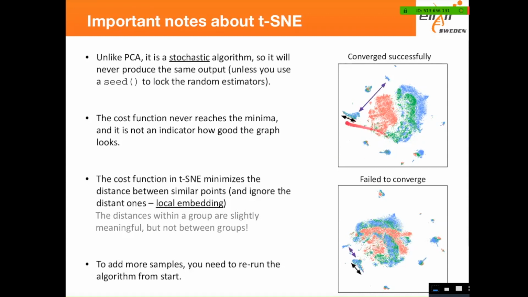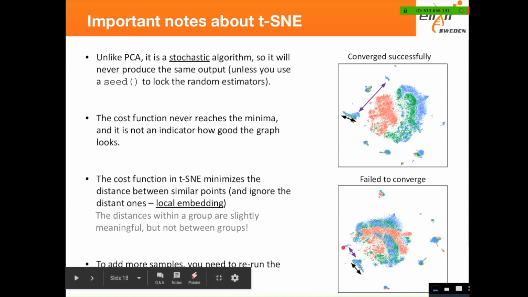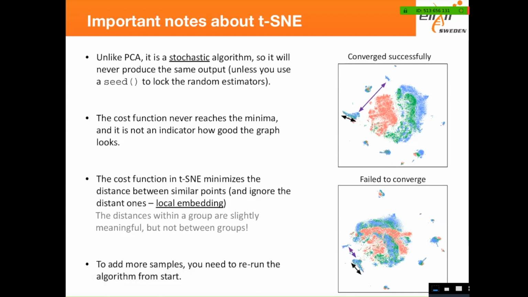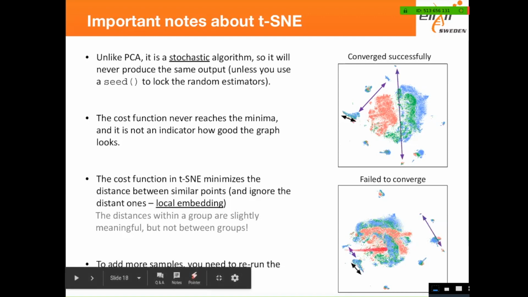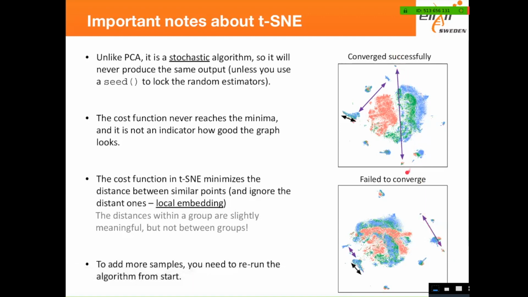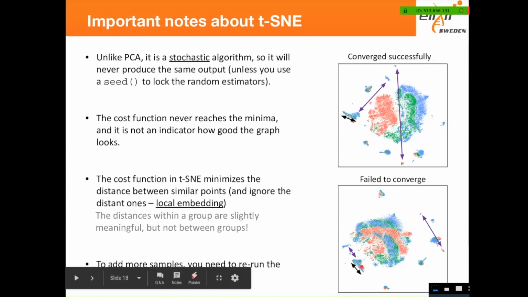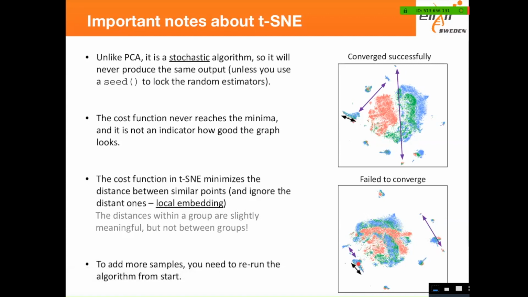However, the distance between this cluster and that one, the furthest neighbors of that cluster, is not actually meaningful, because tSNE is not optimized to find the distance between this one and the furthest one, but only within the local structure. The same thing goes for this cluster and that one. So this distance is meaningless in tSNE. The distance within this cluster, as long as they are clumped together, could also mean something, and you can even use it for trajectory analysis if needed.